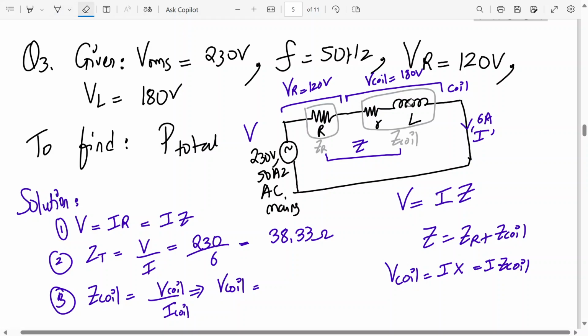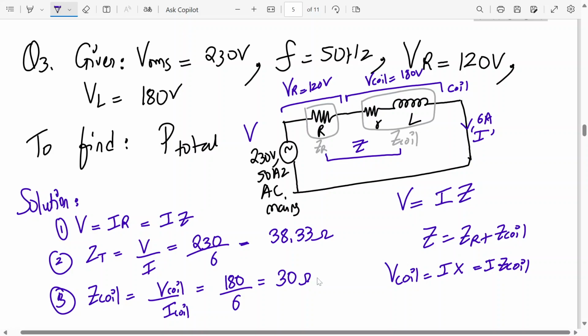Voltage across the coil is 180, and the current flowing through the coil is 6. So how much will be Z coil? 180 divided by 6, 30 ohms, right?